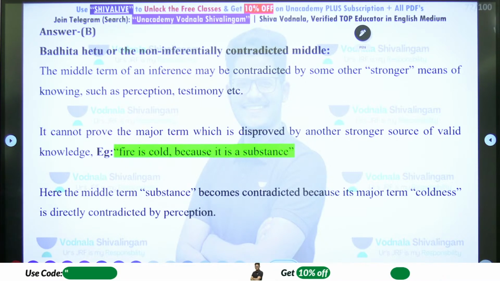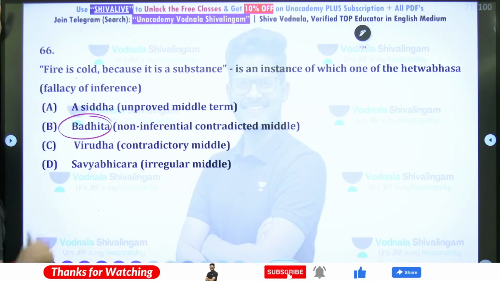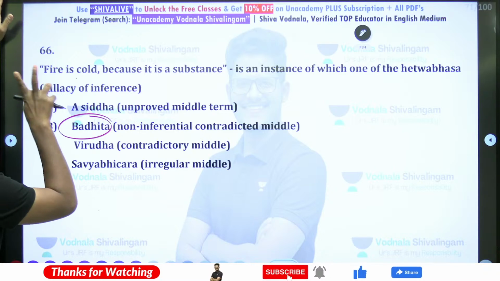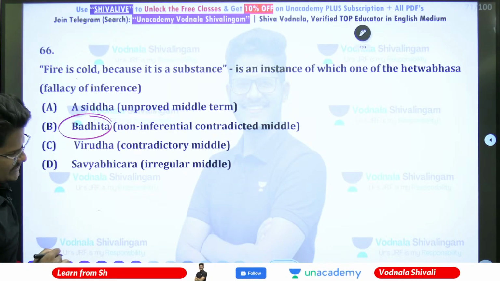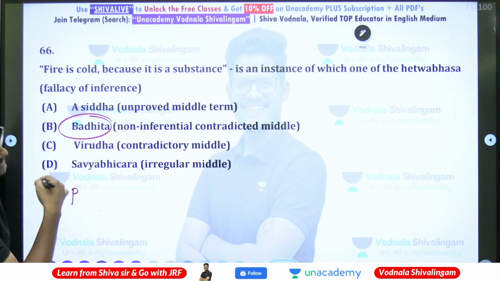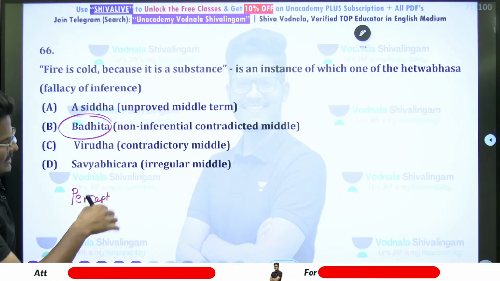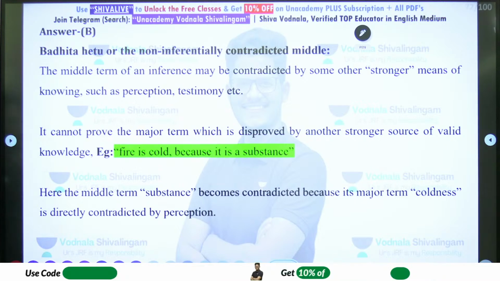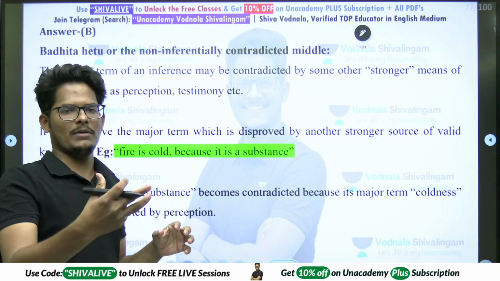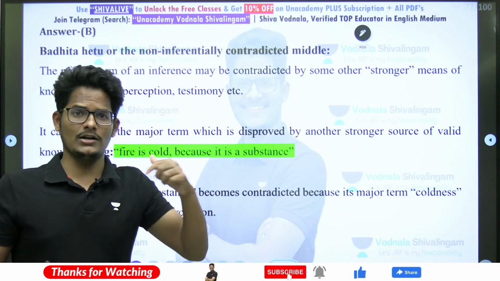Non-inferential contradicted middle term, because here no inference is required, but this particular middle term is contradicted by other pramanas. Even though it is part of the Anumana, it is contradicted by perception, by verbal testimony, even by Upamana. So by other means of pramana, it has been rejected. Whatever other pramanas already proved, now it is being disproved.